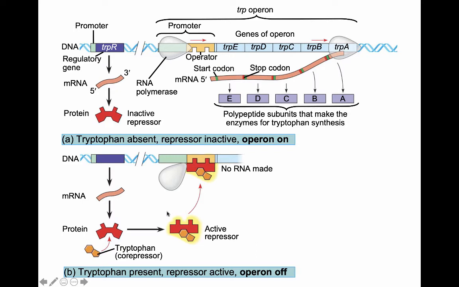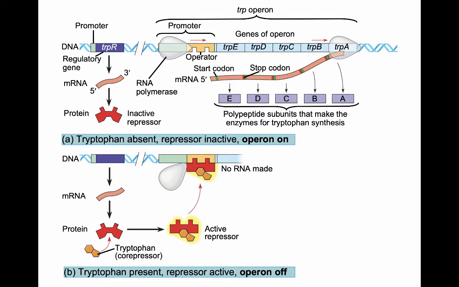So if there's plenty of tryptophan in the cell, the protein that now has tryptophan attached to it can bind to DNA, and it physically blocks the RNA polymerase enzyme from transcribing the genes. So the genes are switched off. No tryptophan in the cell, let's make those proteins to make tryptophan.